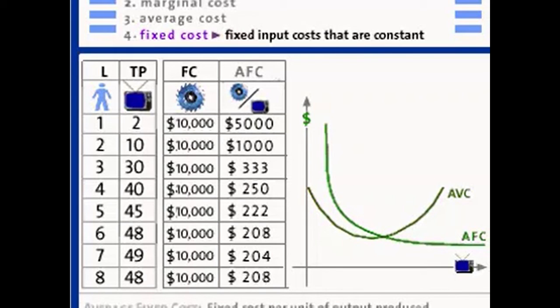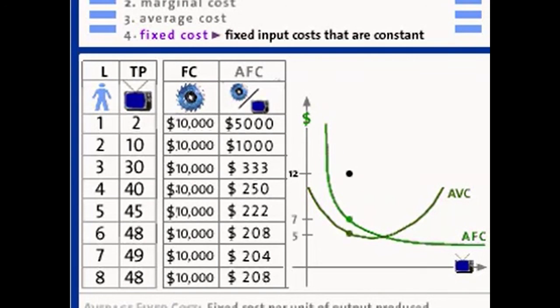If you add these two together, then if I take this amount and put it on top of this and add them together, I get the average total cost. The average total cost is just average fixed cost added to average variable cost.